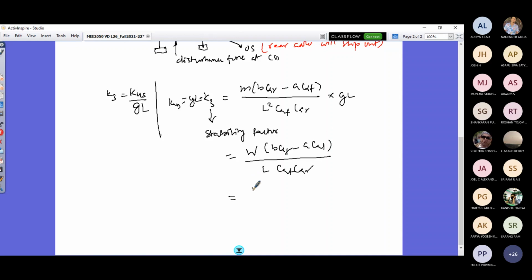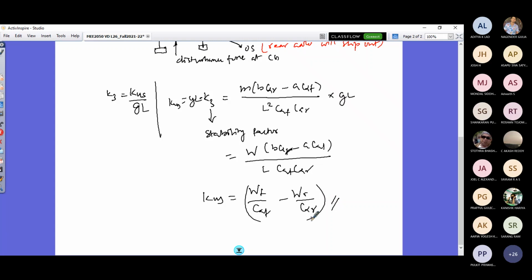WB by L is WF, the front axle load, and likewise for the rear. I get WF by C alpha F minus WR by C alpha R. See, I get back my tire compliance, KUS. So this is how the stability factor K3 is related, which we have already seen.